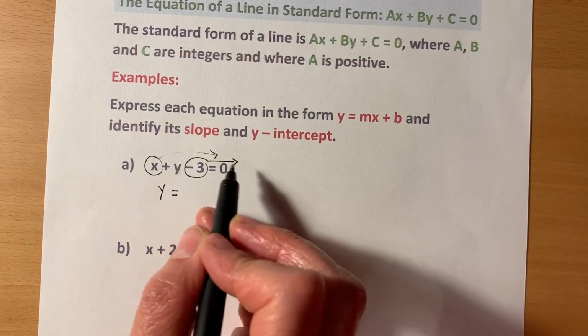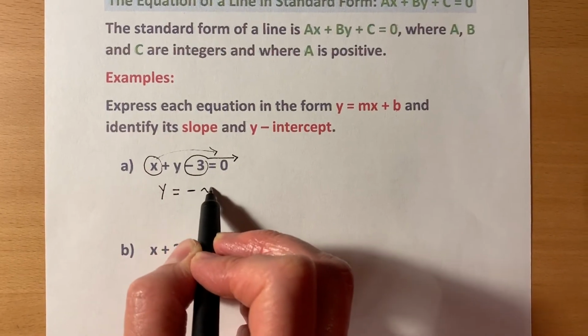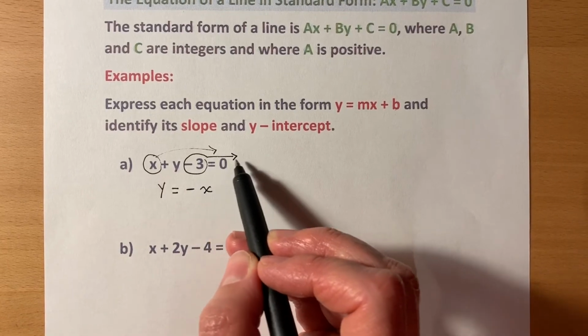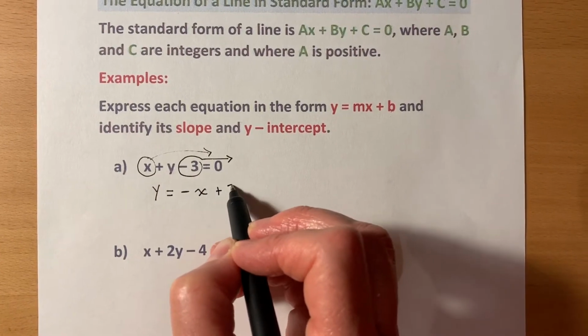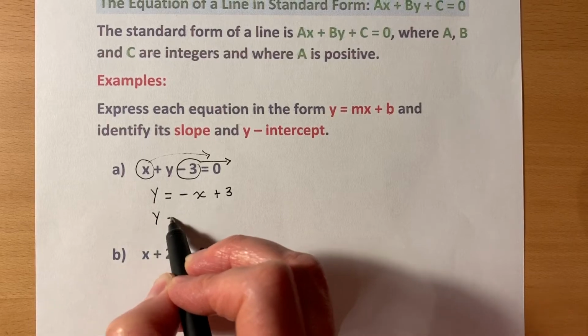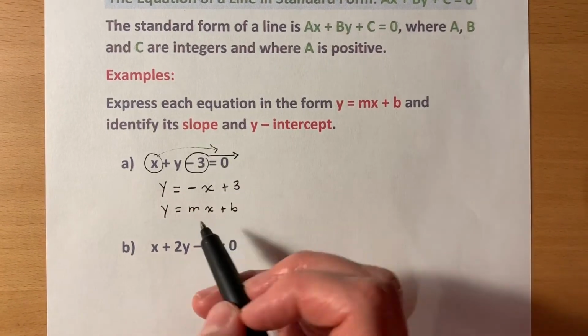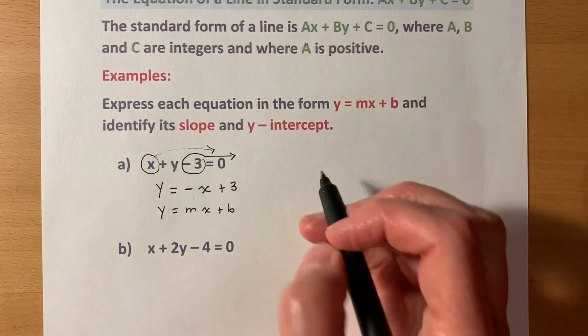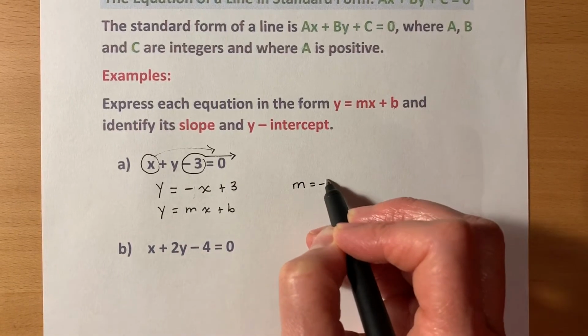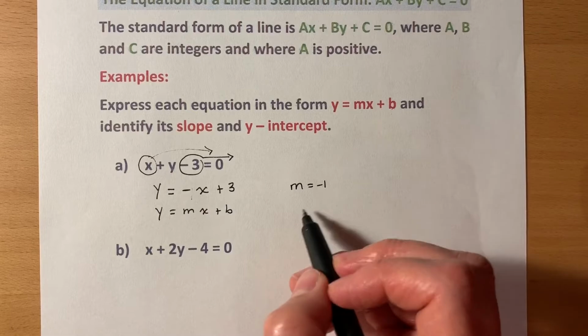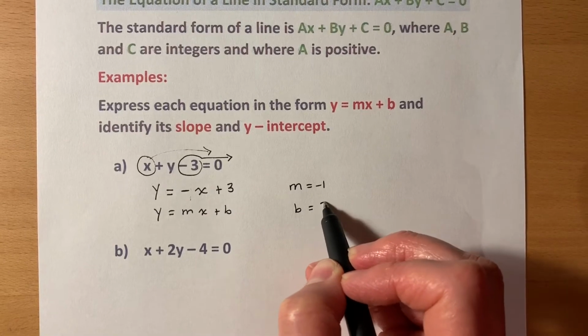Equals, x is moving over, so it becomes negative. 3 is moving over, so it becomes positive. Now this is in the form y equals mx plus b. So if I asked you what's the slope, you would tell me it's -1. If I asked you what's b, you would tell me it's +3.